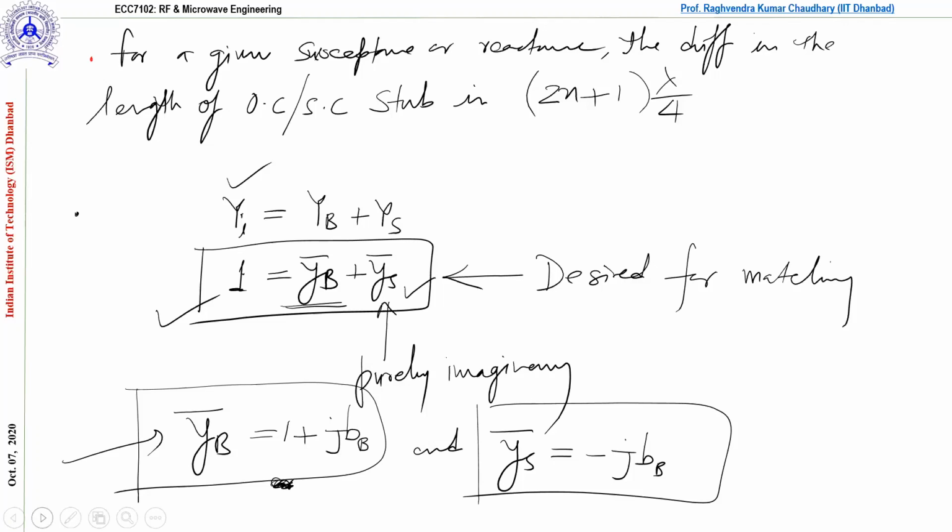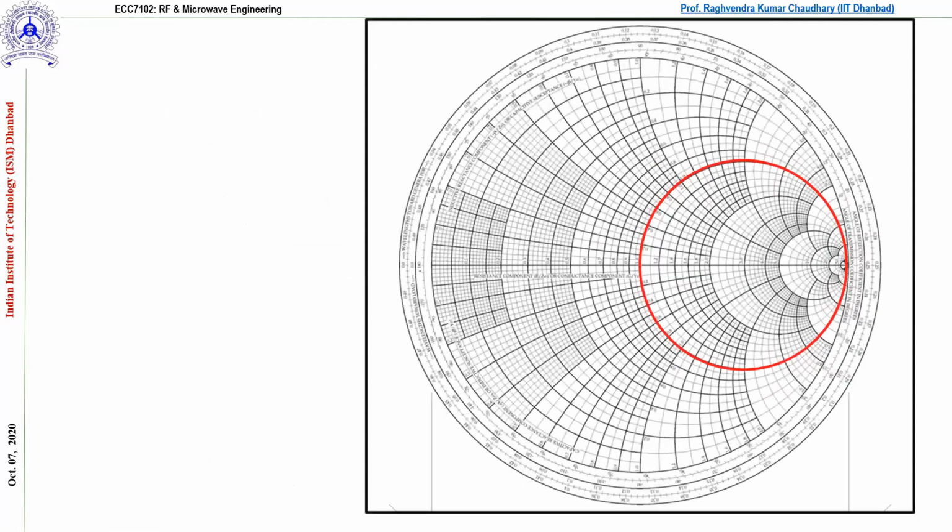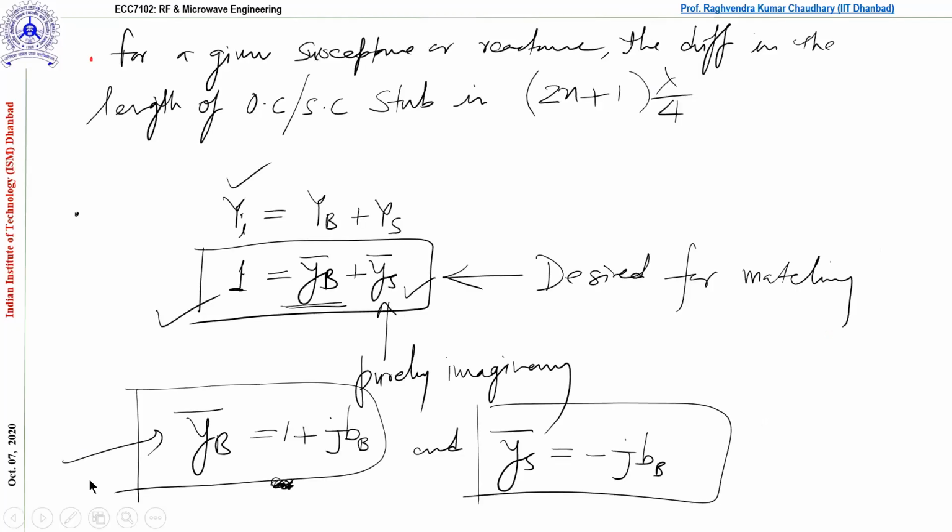Now let us talk about some of the objectives actually. So here the distance d is adjusted to make the real part of the normalized admittance unity, and the length L, as I told you, will provide the purely imaginary value.